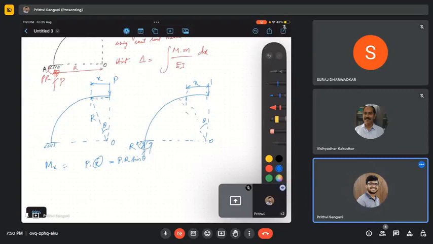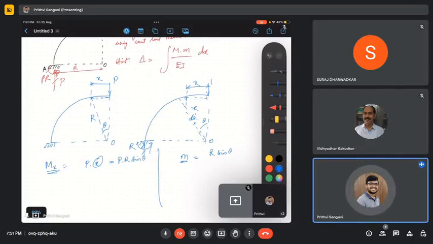So dx, and this is nothing but d theta. What happens again? This will be r sine theta, right? So m will be r sine theta. That's it. So we have capital M, we have small m.